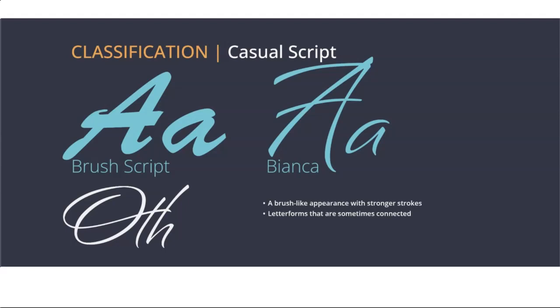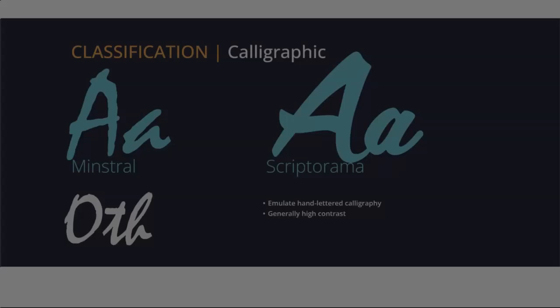So casual script, save those for headers and subheaders. I wouldn't use those for large bodies of text. But again, with the casual script, they're more brush-like in appearance, maybe marker, like somebody drew the letter form with a marker. Sometimes they're connected, sometimes they are not.